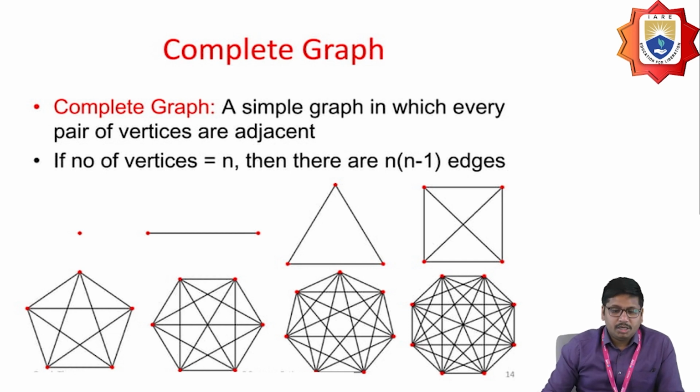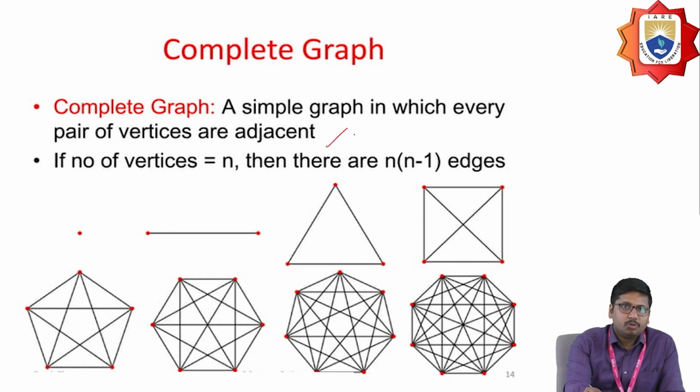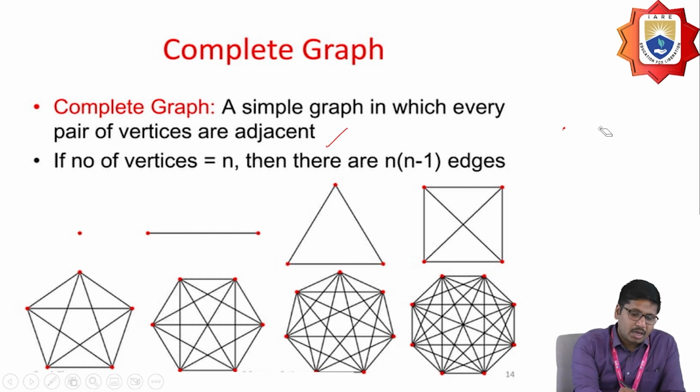A simple graph in which every pair of vertices is adjacent is the complete graph. If the number of vertices is n, there will be n minus 1 edges at each vertex. If I have one vertex like this, it is a complete graph.